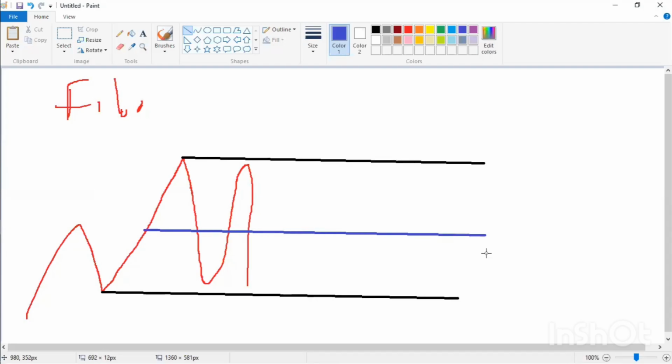Now the ranging is a bit different from the uptrend and downtrend. Once you are done dividing this into premium and discount, you divide the premium again in half, right here, and you divide the discount again in half.